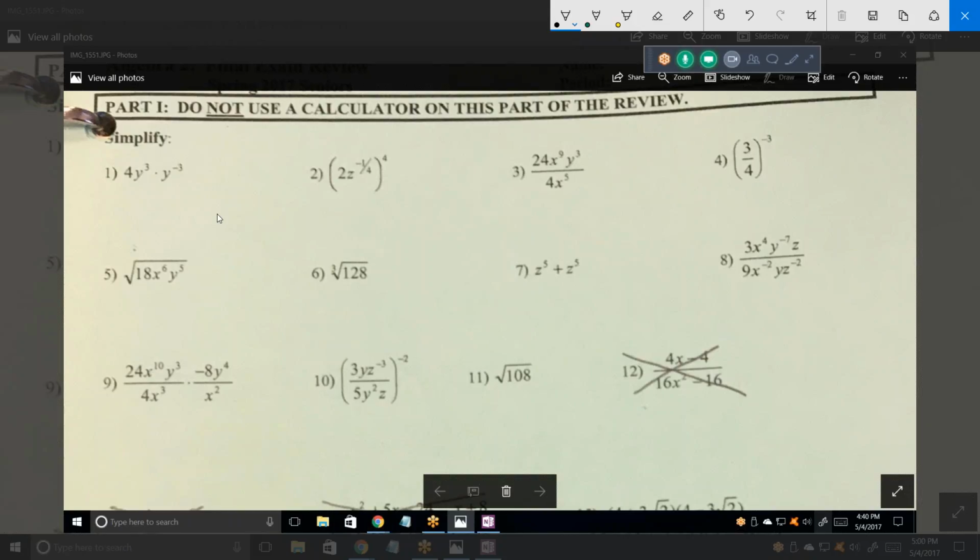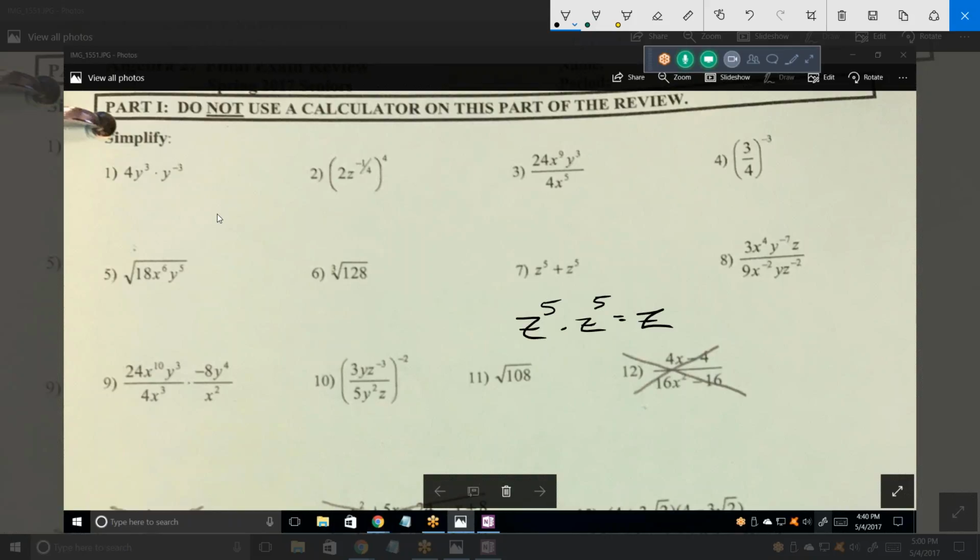What's z to the 5th plus z to the 5th? Z to the 10th. Let me give you this problem. What's z to the 5th times z to the 5th? Z to the 25th? No. Remember, you never do with the exponents what you're doing with the base.